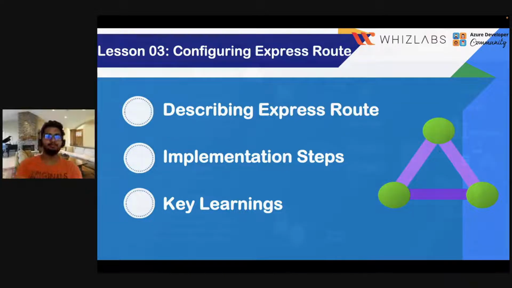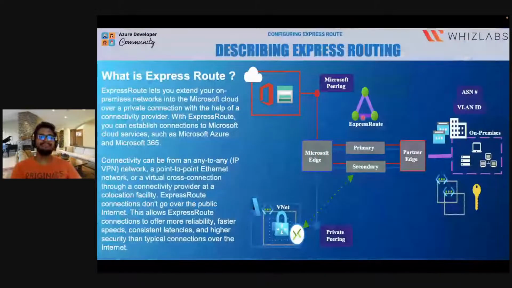So the first question you may have is, okay Saurav, what is ExpressRoute? ExpressRoute allows a dedicated connection between your Azure solution and your on-prem solution. As of now, you've seen that using VPN gateway, you can communicate between on-prem and Azure through an IPsec tunnel. But ExpressRoute allows you to have a dedicated connection between your solution and Azure.